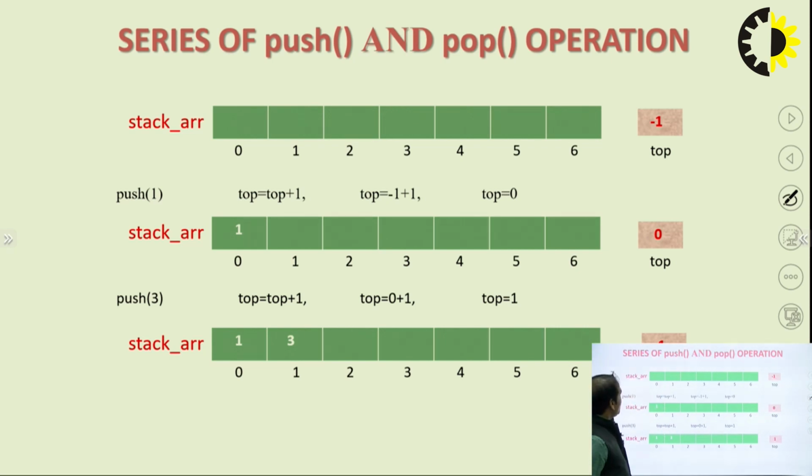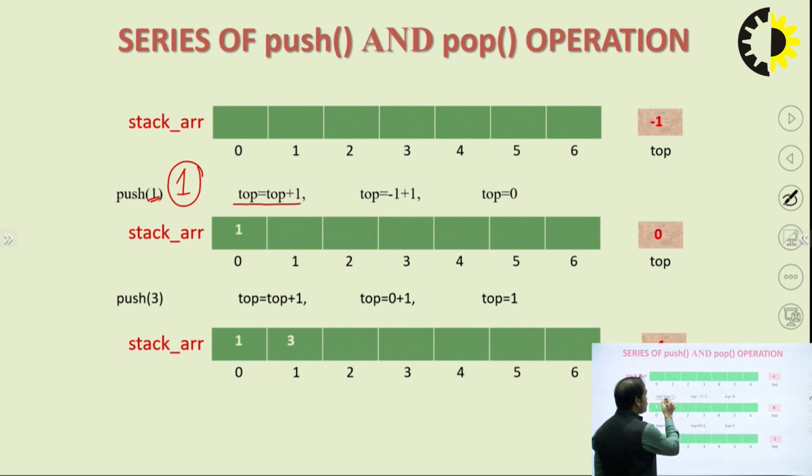This is the series of push and pop operations in which we can show how elements are inserted or deleted from the given stack. Now initially the stack is empty and the initial condition is top equal to -1. That means there is no element inside the stack. If we want to push a single element, 1, into the given stack, first we have to increase top by 1.